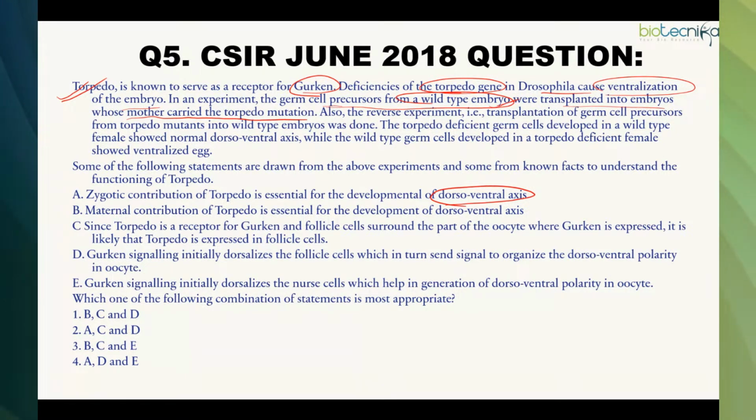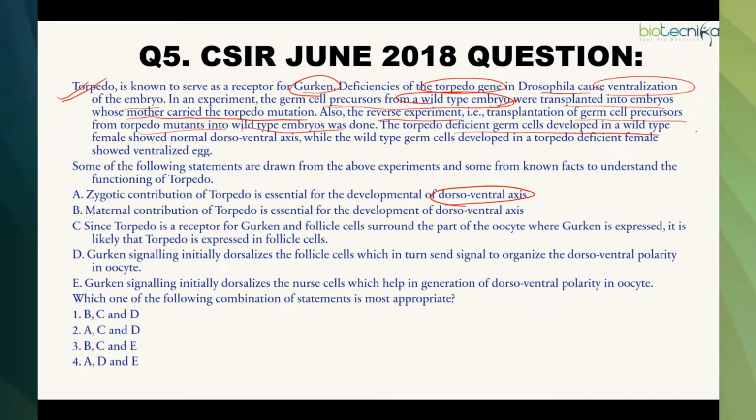Now you need to think, where is torpedo present? Another reverse experiment was done: transplantation of germ cell precursors from torpedo mutants. This time you have taken the germ cell precursors which are torpedo mutants and put them into wild type mothers.